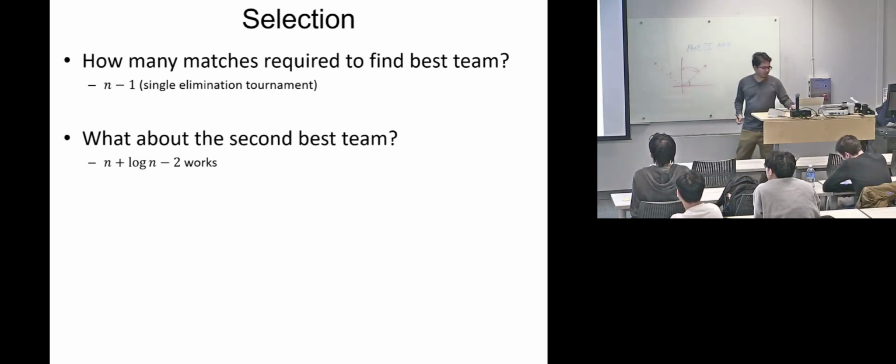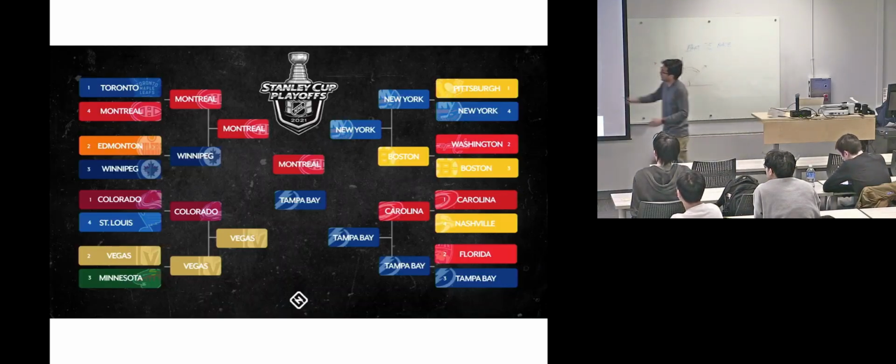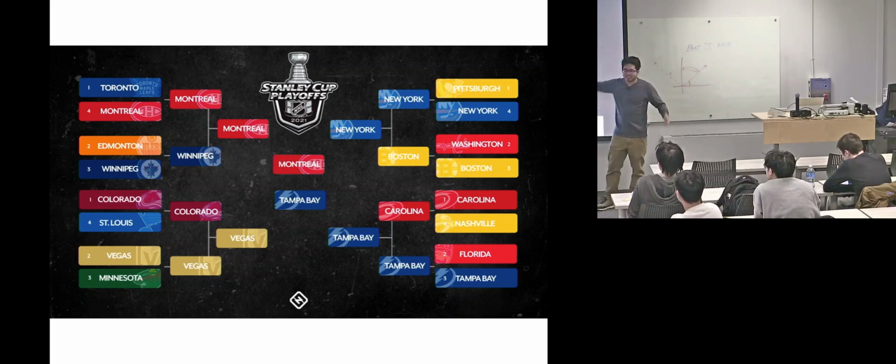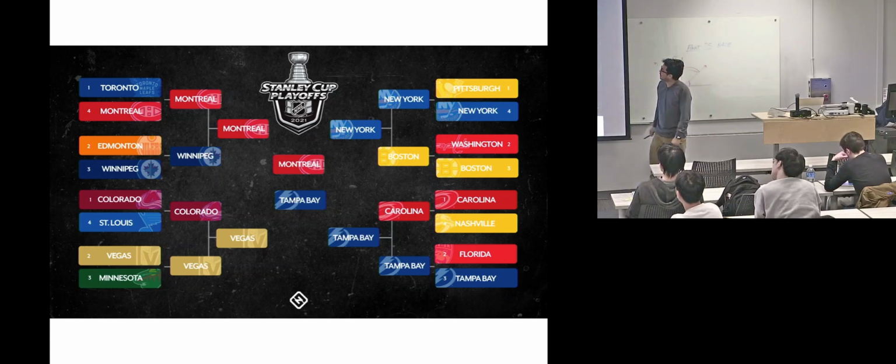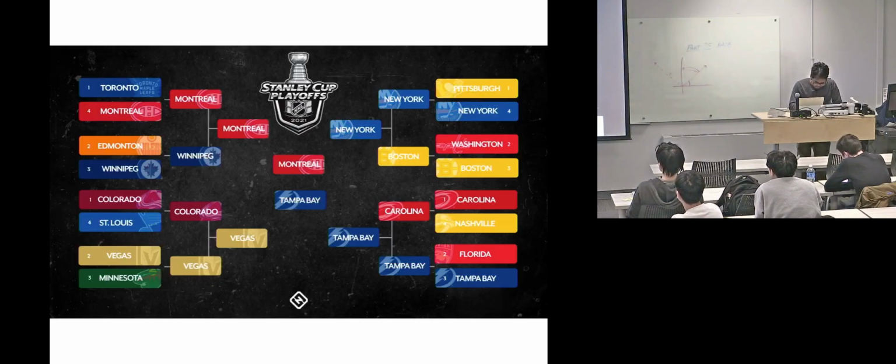And the reason is this. Imagine that you pair up the teams in a binary tree. Suppose that this guy is the best guy. So he keeps winning.